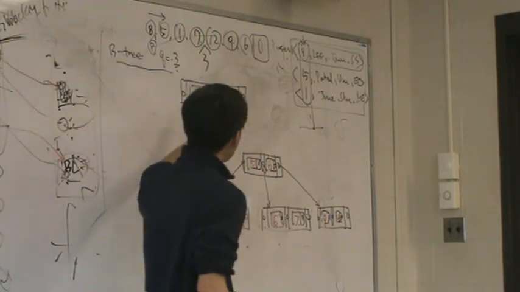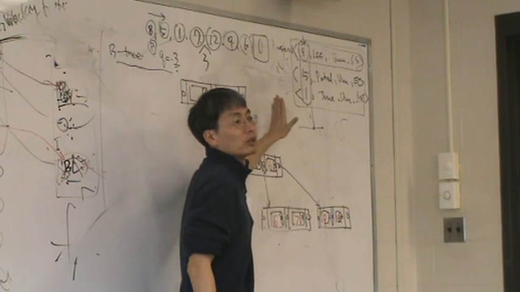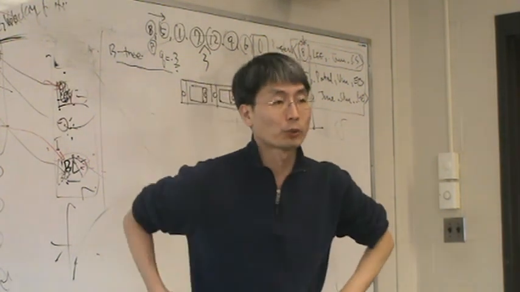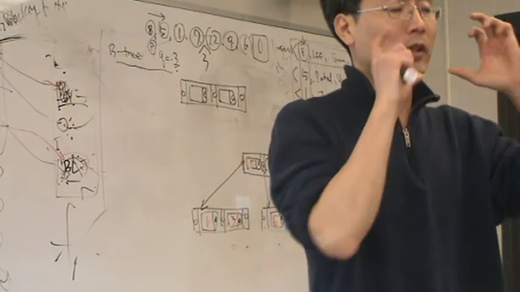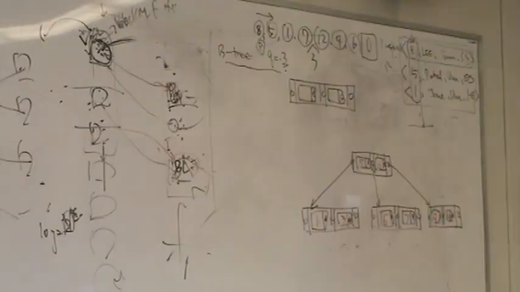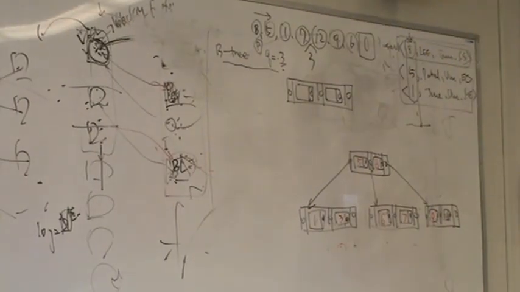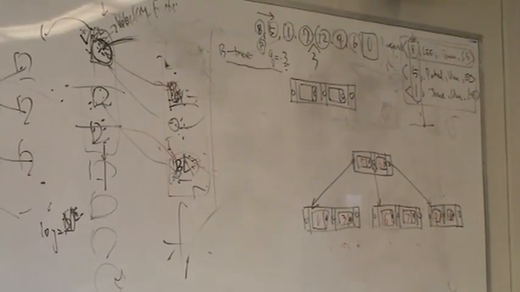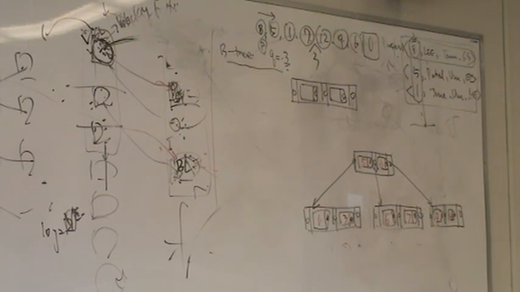So always the first step is to build your node structure. If you fail to build the node structure, the rest will automatically be wrong. Definitely this is one of the big portions of the final exam.